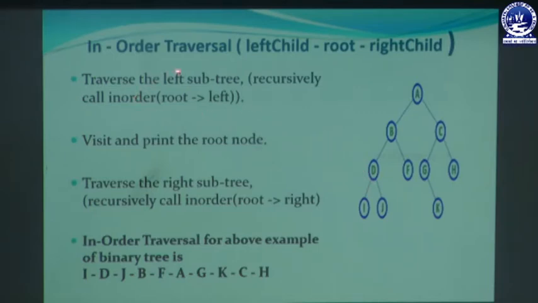After visiting the last node of the left subtree, visit the root node and print it. That means the left subtree's root node is visited, and after that we will traverse the right subtree in the same process, by recursively calling the in-order method. Let us see the example.